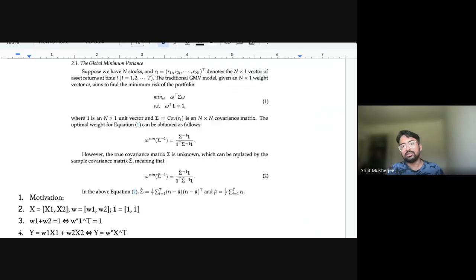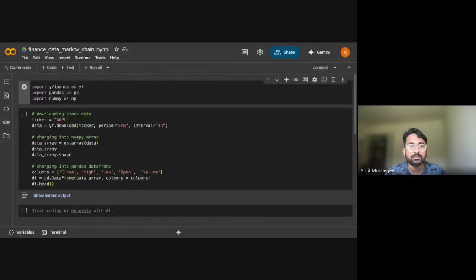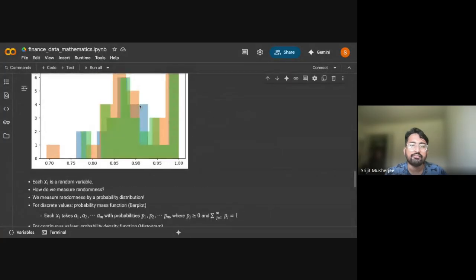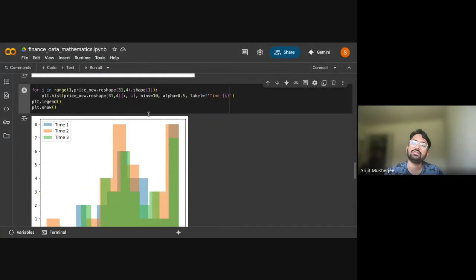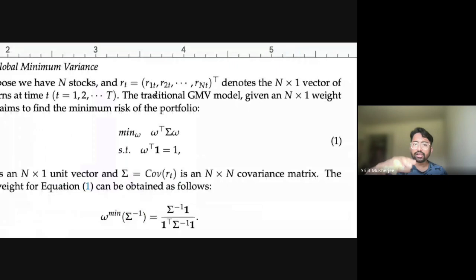Okay. So this RT, every time point, as I said, if you remember, every time point is a random variable. So every time point in the future is therefore a joint distribution of n random variables.